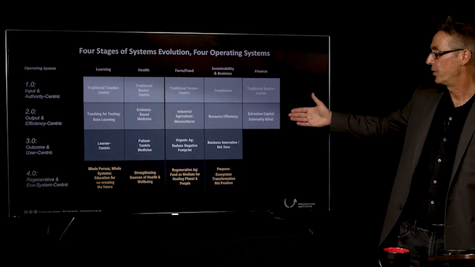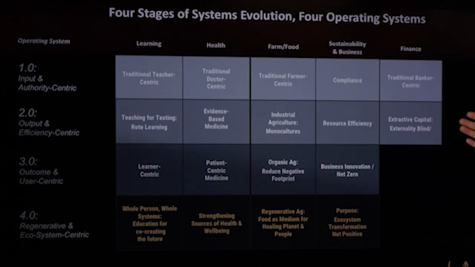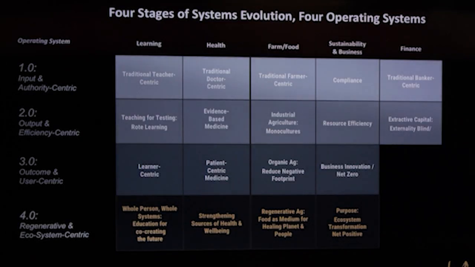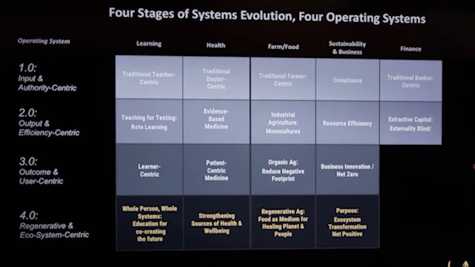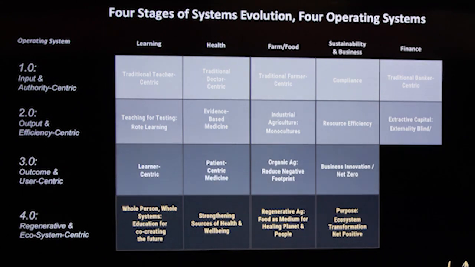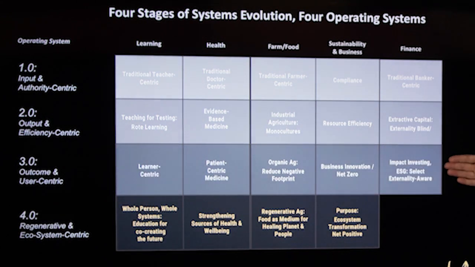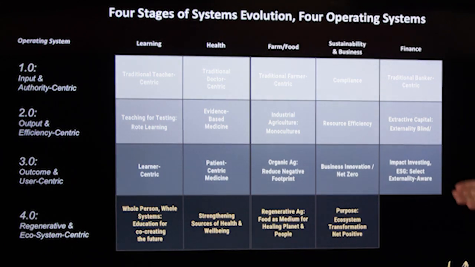Finance, right? 2.0, we all know that. Extractive capital, think Wall Street, and what's the main feature? It is externality blind, right? You just maximize profitability, one variable, and basically ignore everything else. What is 3.0? We have been discussing it the past 10, 15 years: impact investing, ESG.